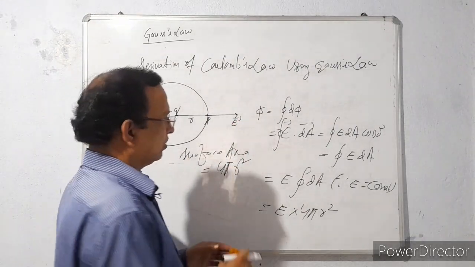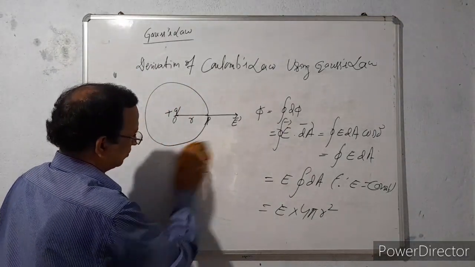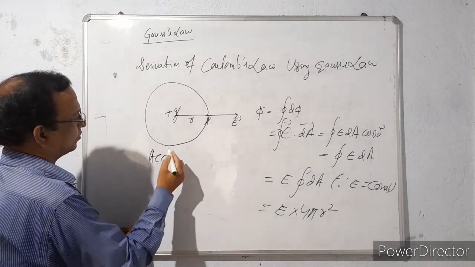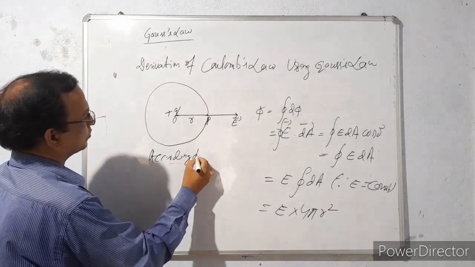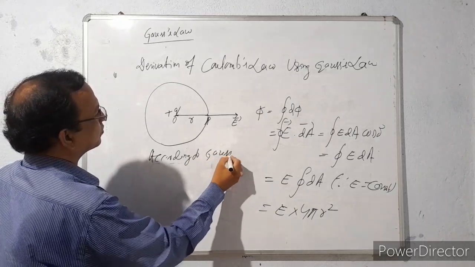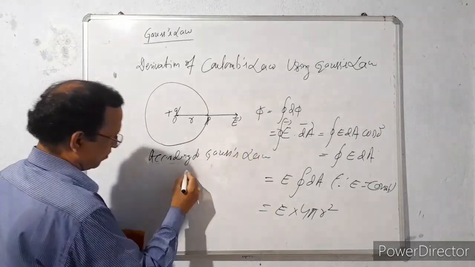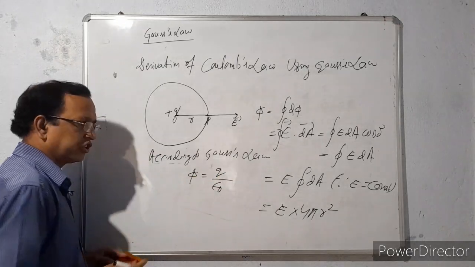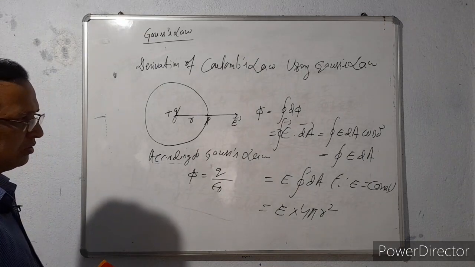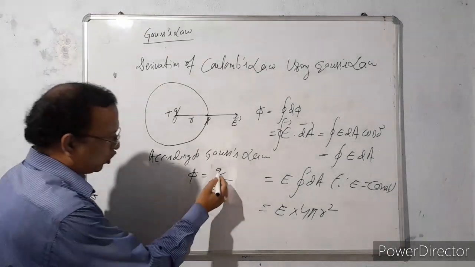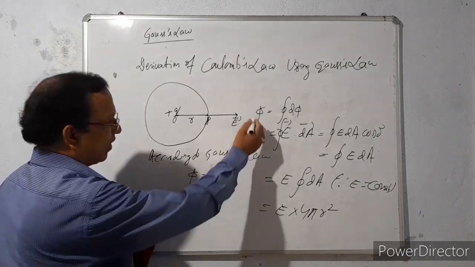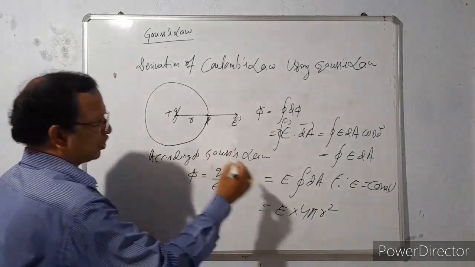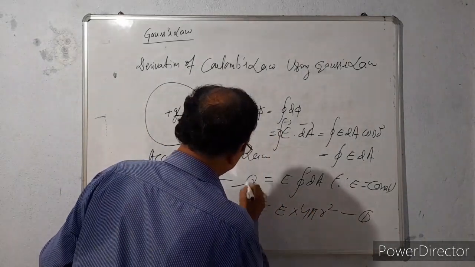But according to Gauss law, phi is equal to Q by epsilon naught. Clear? So phi is Q by epsilon naught, and here phi is equal to E into 4 pi r square. This is equation 1, this is equation 2.